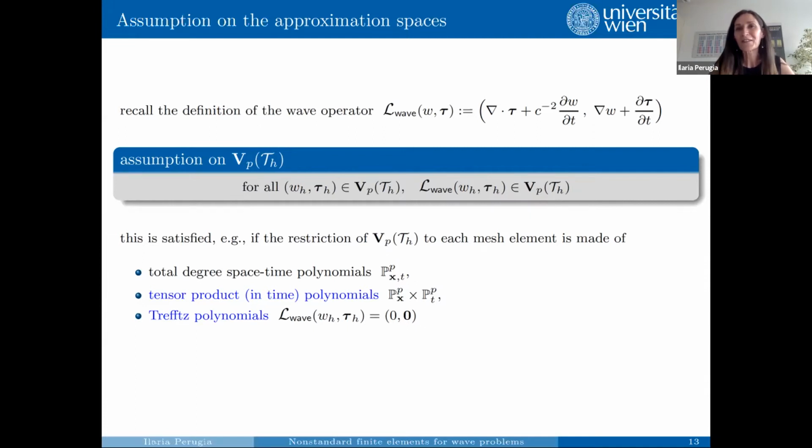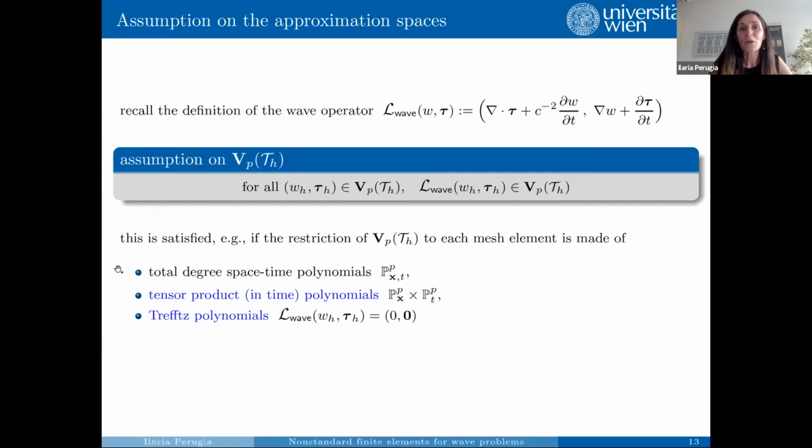But this is not very difficult to realize, since the wave operator is a first order operator: by applying it to polynomials, you decrease the polynomial degree, not globally, but maybe only in one variable, and so you stay inside the space.